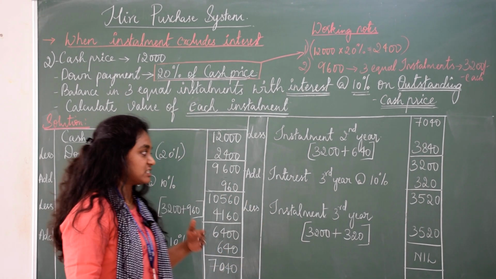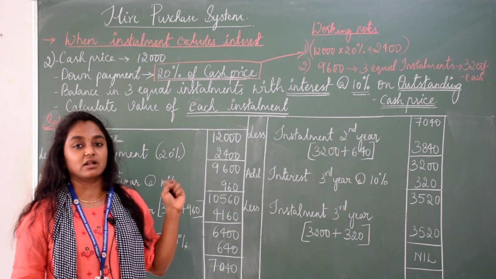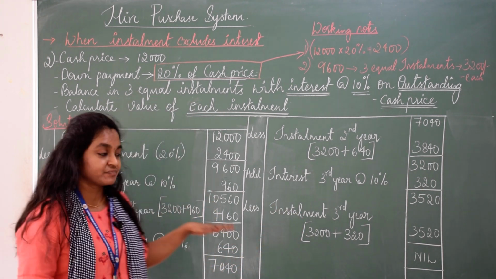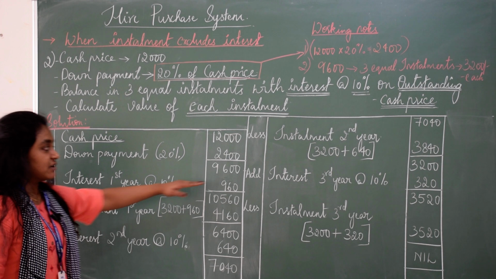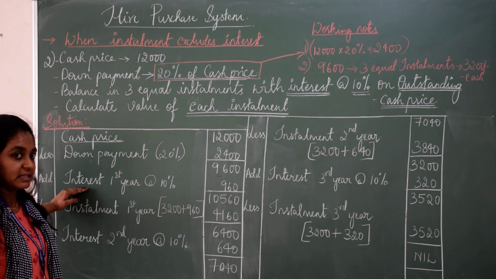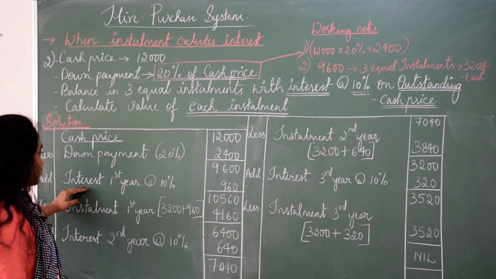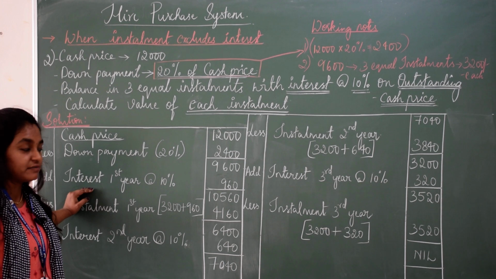What we have to do is find interest on this balance, add that interest to the installment, and then give the total payment. So, coming to the first year, after finding the outstanding balance, start with the interest and the installment from the beginning of the year. First, according to the format, we will add the interest for the first year.